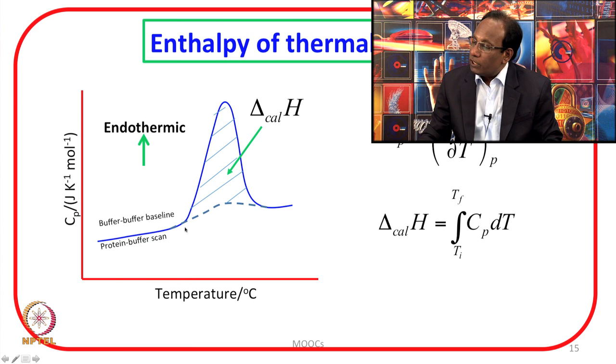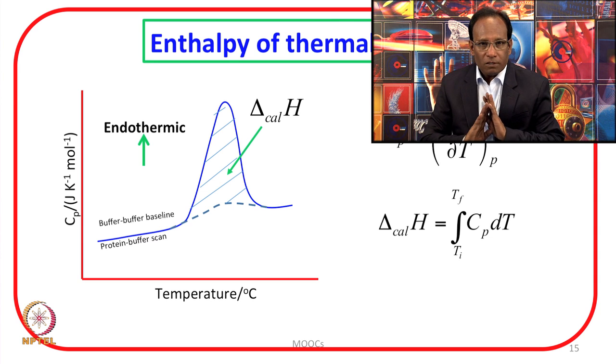And that is what is shown over here. If I choose this as Ti and this end as Tf, then the area under this curve within this baseline and the overall heat capacity versus temperature curve between these two limits will be equal to delta H, and I put the Cal subscript because this is the calorimetrically determined value of heat capacity.